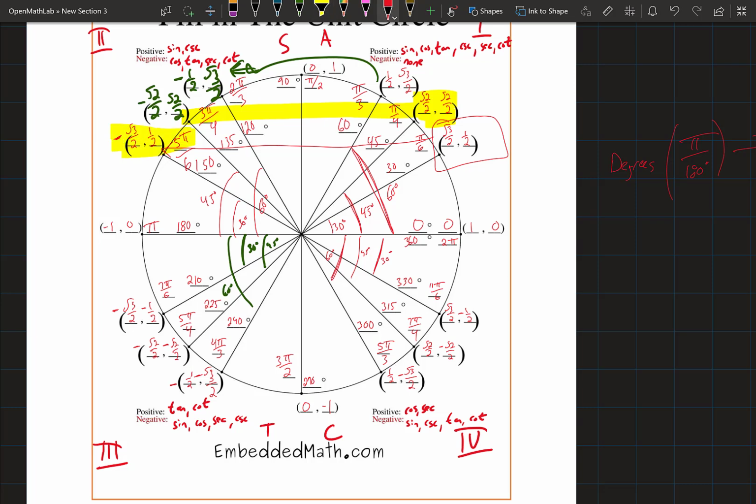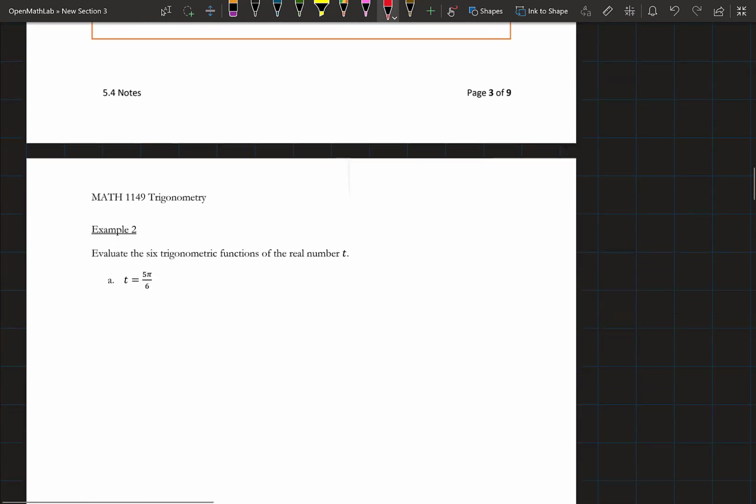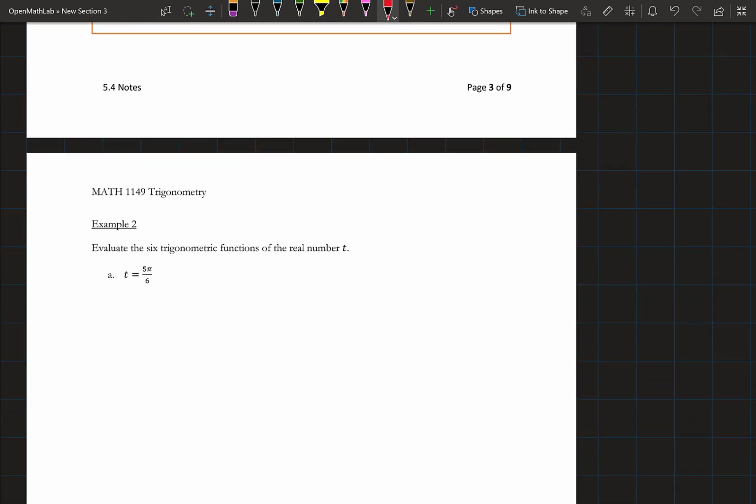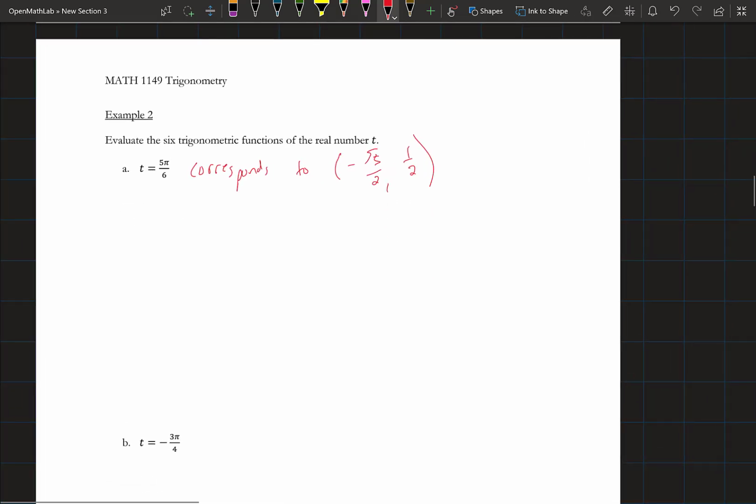So we can write down that t equals 5 pi over 6 corresponds to the point negative radical 3 over 2 comma 1/2 on the unit circle. We can use this information to find all the trigonometric functions of this.